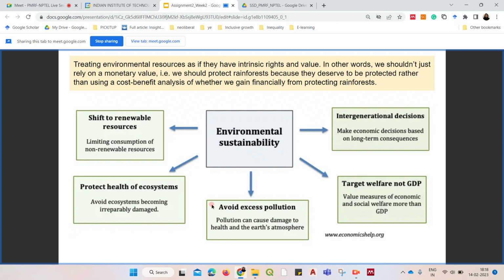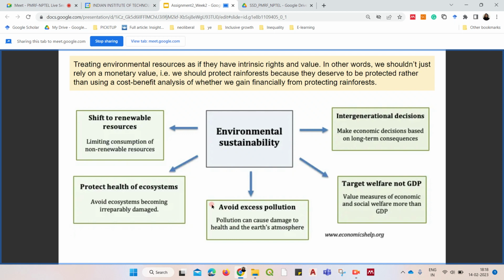What they argue is that other components of the ecosystem, other living beings which are part of the ecosystem, have as much a right to the use of the environmental resources as human beings.